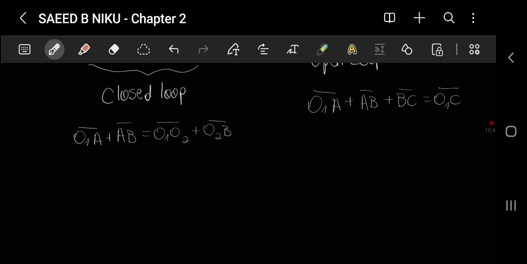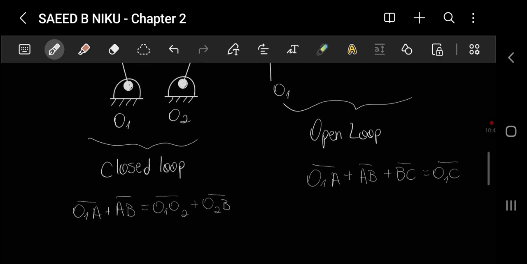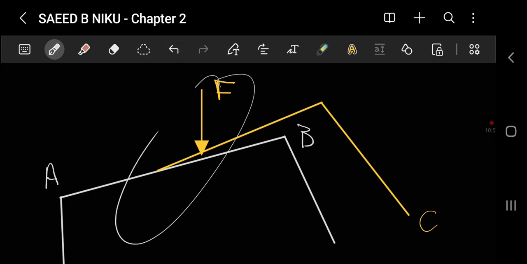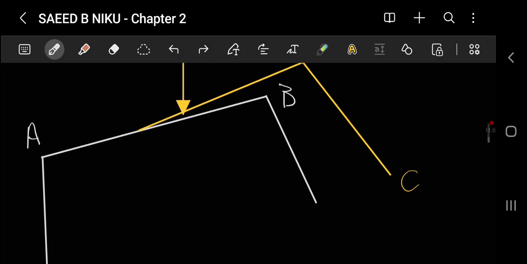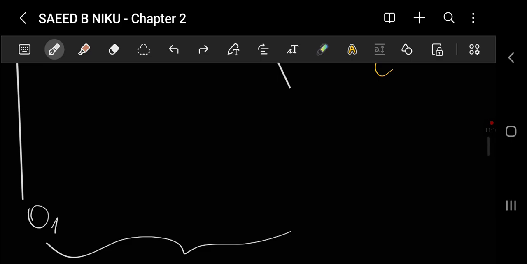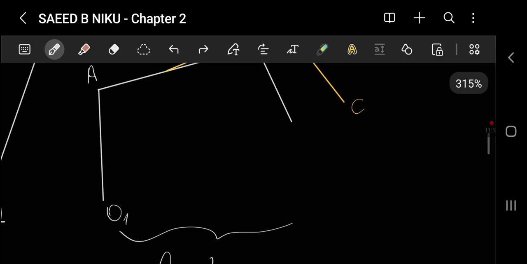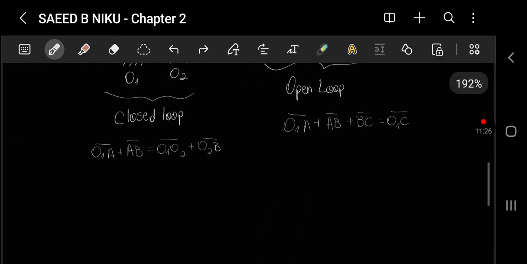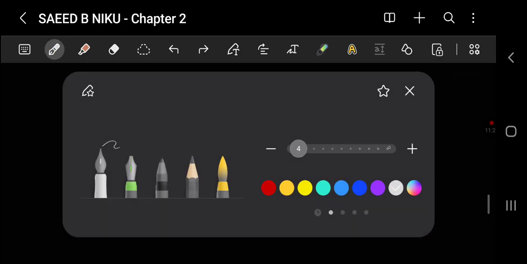As you can see, if we have any deviation of the link AB right here, and let's say we are applying a force to this bar, and if we have any deviation to this link, the link O2 to B will be moving accordingly to this move. Okay, so let's move on.